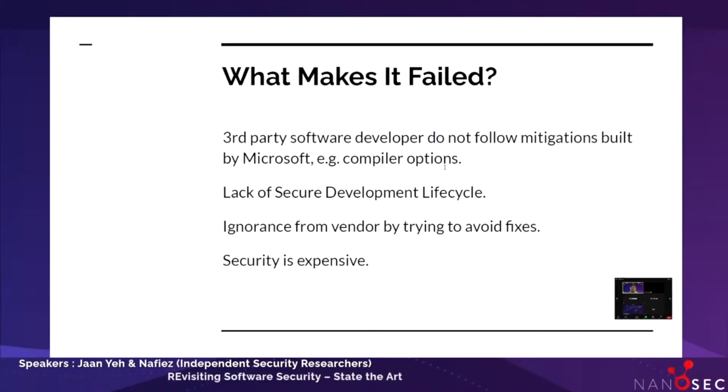Besides, there is a lack of secure development lifecycle, which includes software source code auditing and secure coding practice, and also ignorance from developers because they tend to avoid fixes, as security is very expensive. If the team isn't capable of source code auditing, they need to hire third-party auditors to do the job, and fixing the bugs can delay their development roadmap as well.